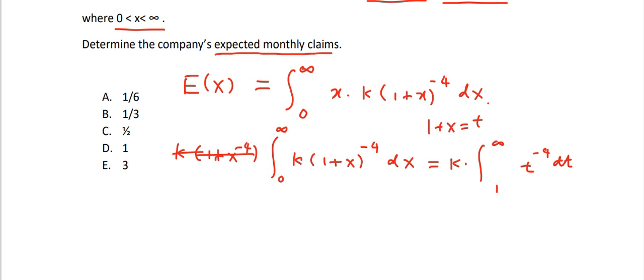So this equals k times 1 over 3. So k equals 3. Now for this integration, that's easy, right? k is 3 times this.